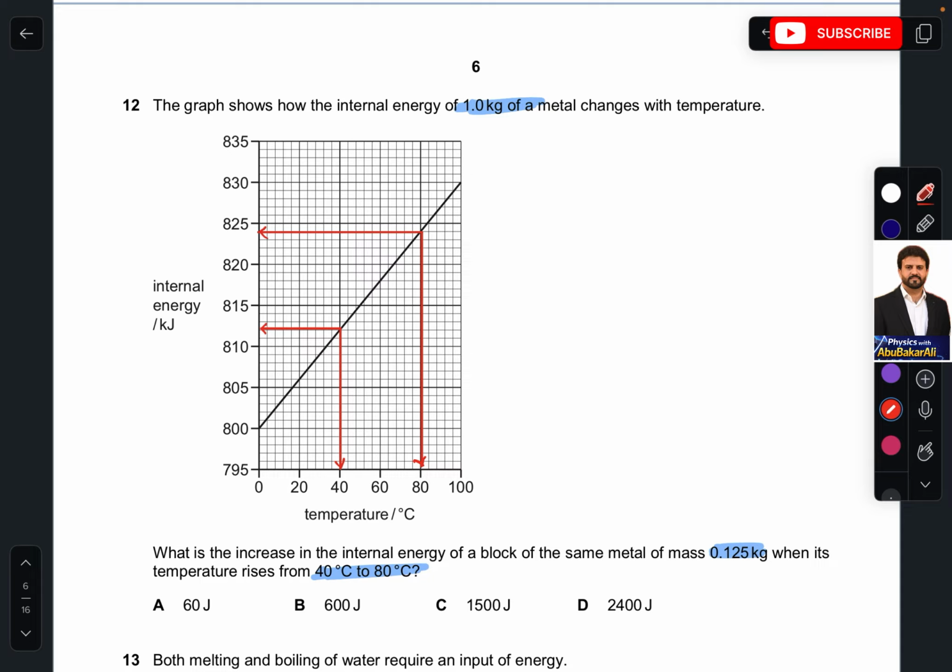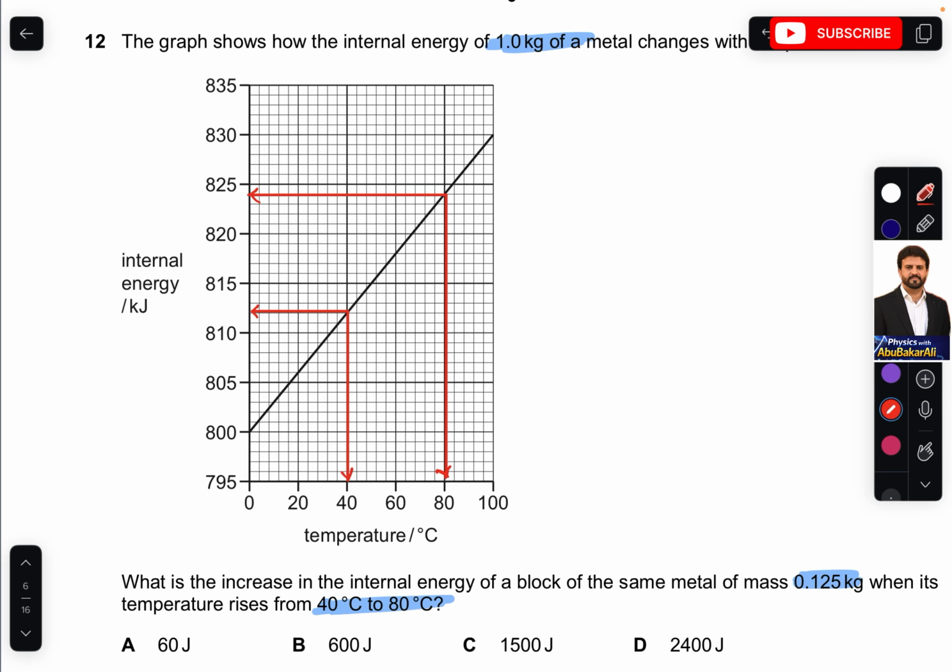Okay. So each division is showing you one, right? So this is 812 and this is 824. So change in energy is 824 minus 812, that is 12 kilojoules. That is for 1 kg.